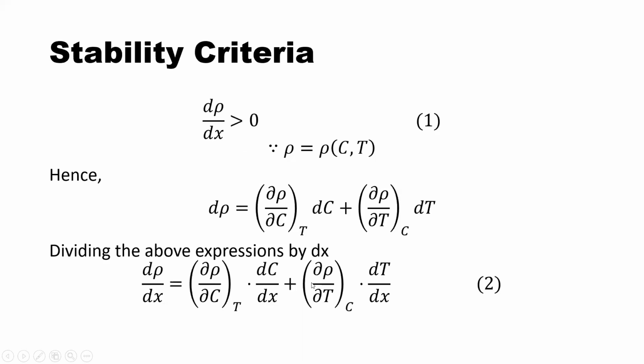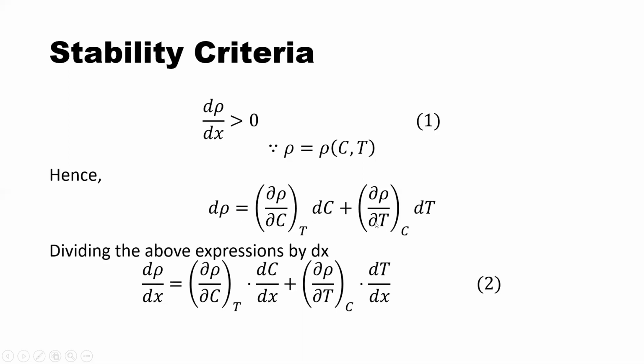Then naturally d rho is equal to dou rho by dou c at constant temperature into dc, plus dou rho by dou t at constant concentration into dt. When a variable is a function of two variables, we can simply write it like this.